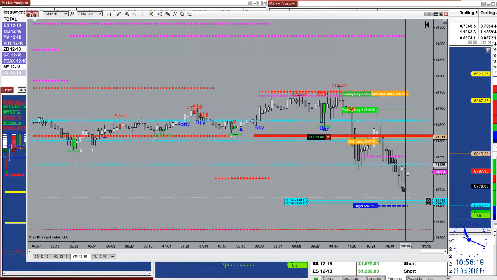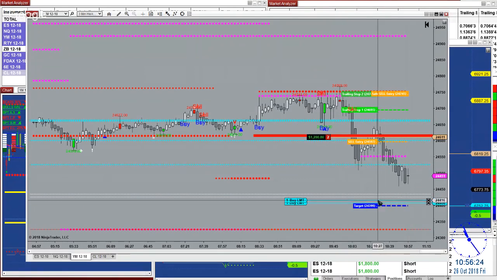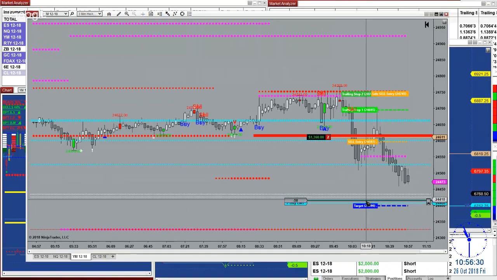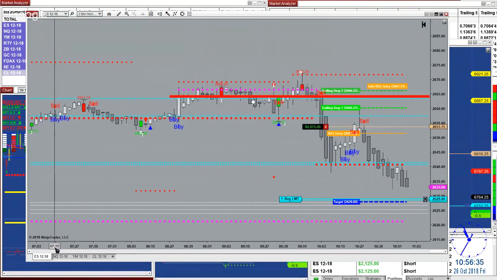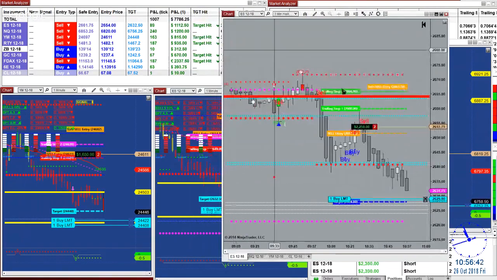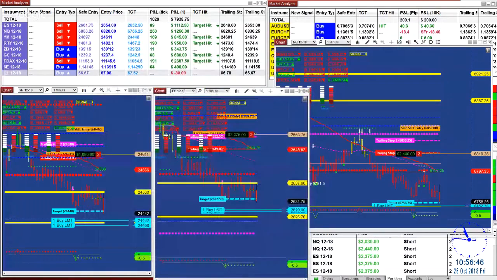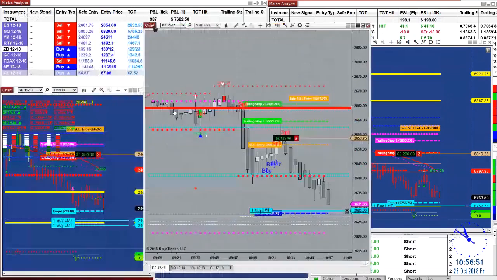Now this one becomes a resistance, and we have a double resistance right there. So we can put one above the line or leave it. Let's see what the ES is doing. There we go, folks. Watch this. They are right here, the trades.